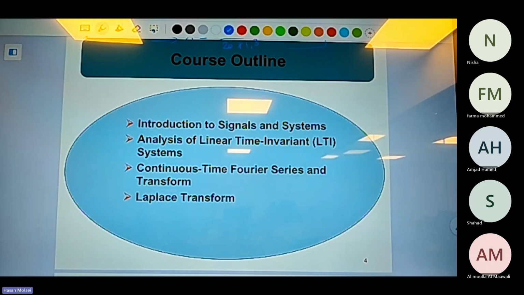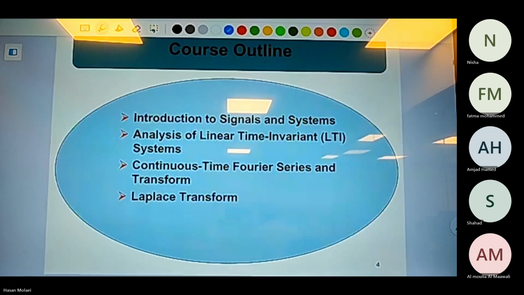Yeah. We can use convolution only in LTI systems, which means in an LTI system, if you only know the impulse response, you know the response of the system to all inputs. That's why we are looking to deal with LTI systems.